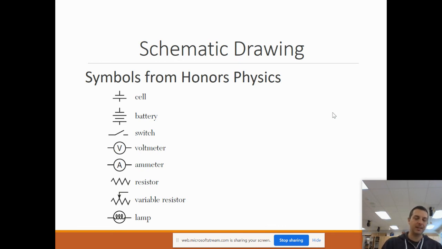They connect or disconnect the conductive path. Voltmeters and ammeters are represented by V's and A's. A resistor is a line that has mountains and valleys in it. And at the bottom we have a lamp, which is just a circle with a resistor inside of it. That's to show light bulbs or different devices. These are the symbols we use from honors physics.